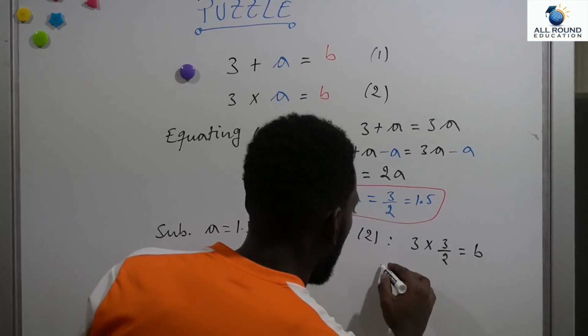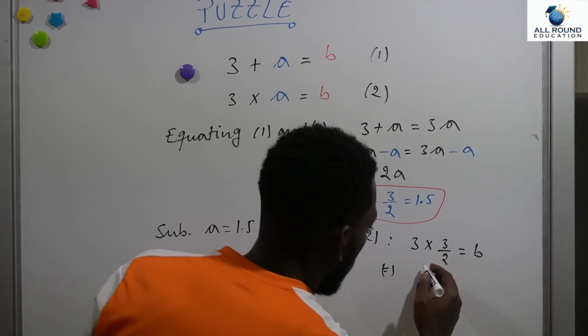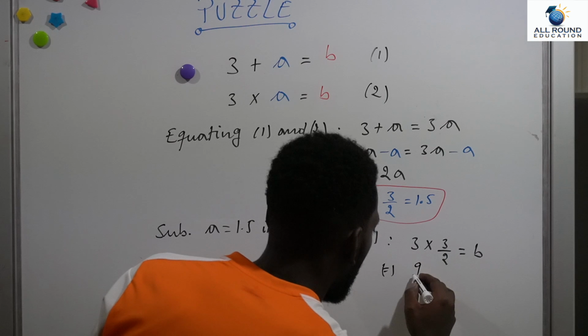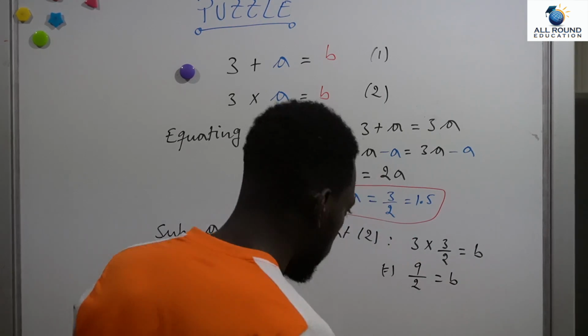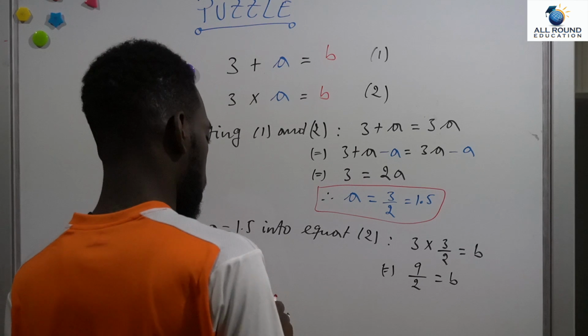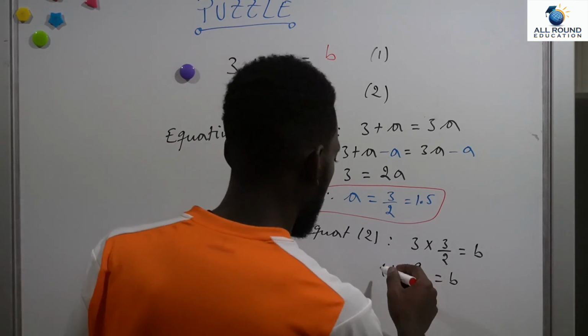So this means 9 over 2 equals b. That's the value of b.